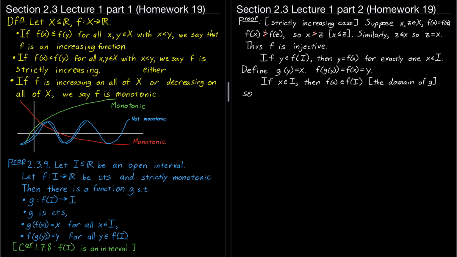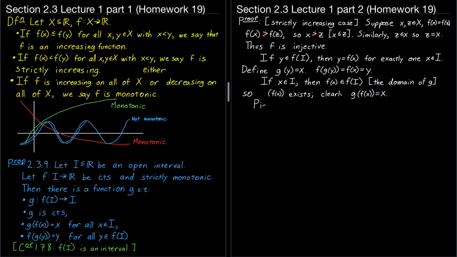So g of f of x exists, and g of f of x is the number you plug into f and get f of x. x is the number you plug into f and get f of x, so clearly g of f of x has to be just x. So now we want to show that g is continuous, and then we'll be done.